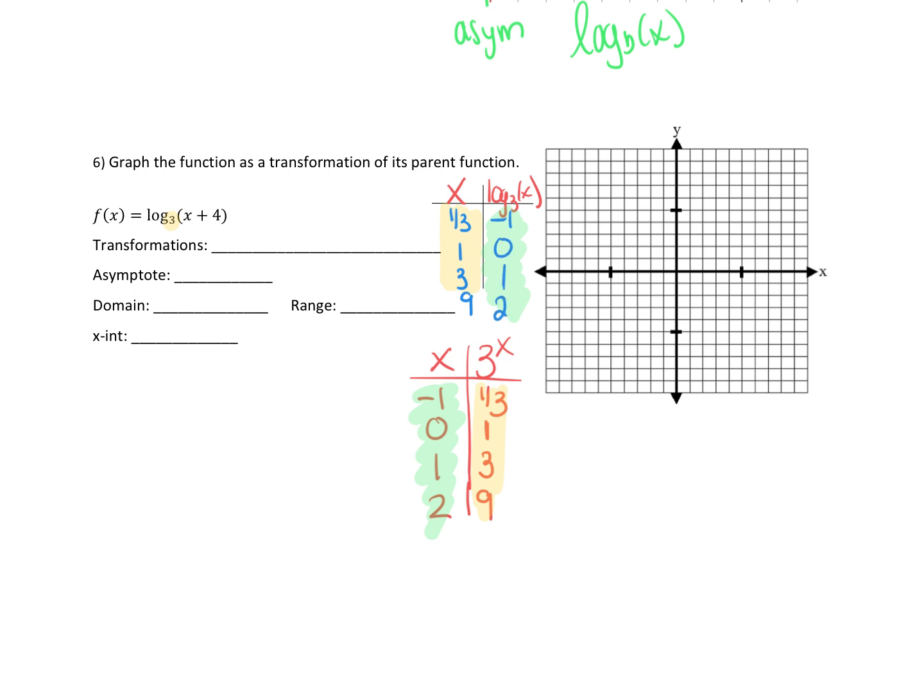Just like last time on the exponential, I'm going to plot the parent function, and then I'm going to move it based on the transformation. So I can see that I have a +4 in the parentheses, so I'm just going to move everything left 4. There's no up or down transformation because there's nothing after the parentheses. So I'm going to zoom in and I'm going to plot these points.